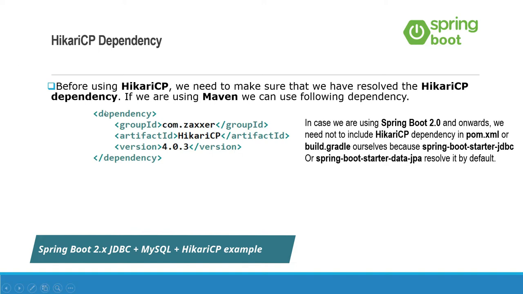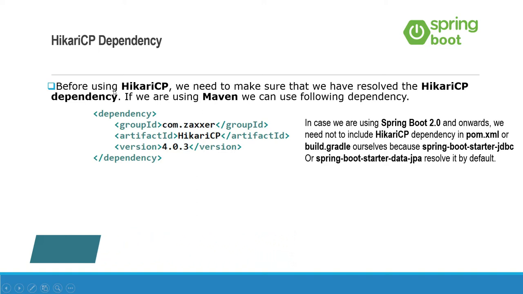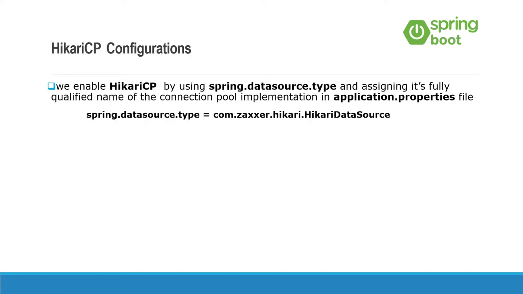If you are using Spring Boot 2, you don't need to add the Hikari dependency in your pom.xml because it will be resolved by default. If your Spring Boot project depends on Spring Boot Starter JDBC or Spring Boot Starter Data JPA, then Hikari connection pool will be added automatically to your classpath. These things you have to keep in mind.